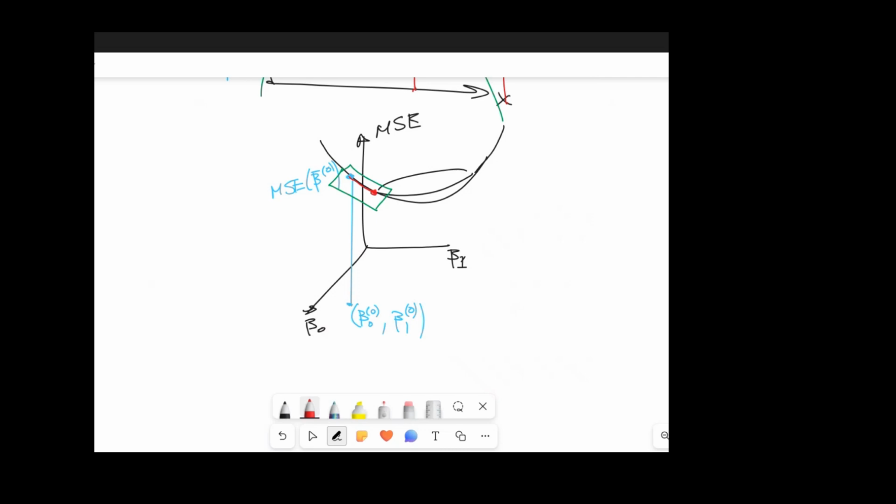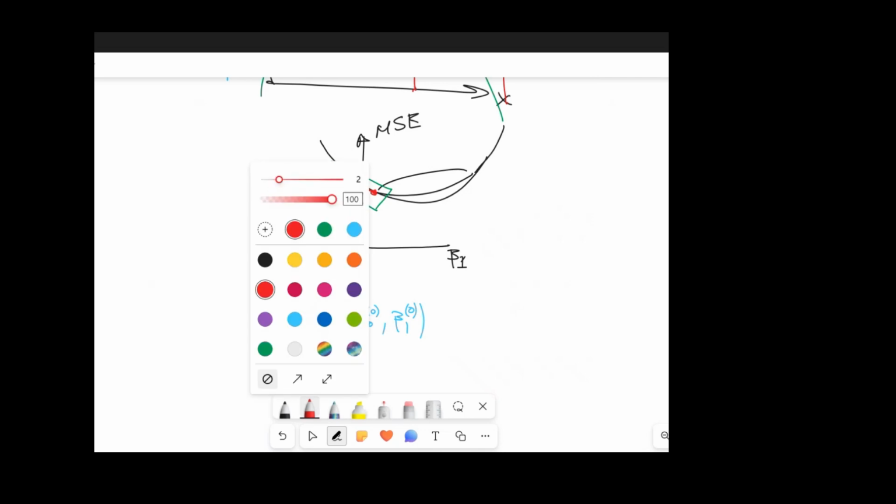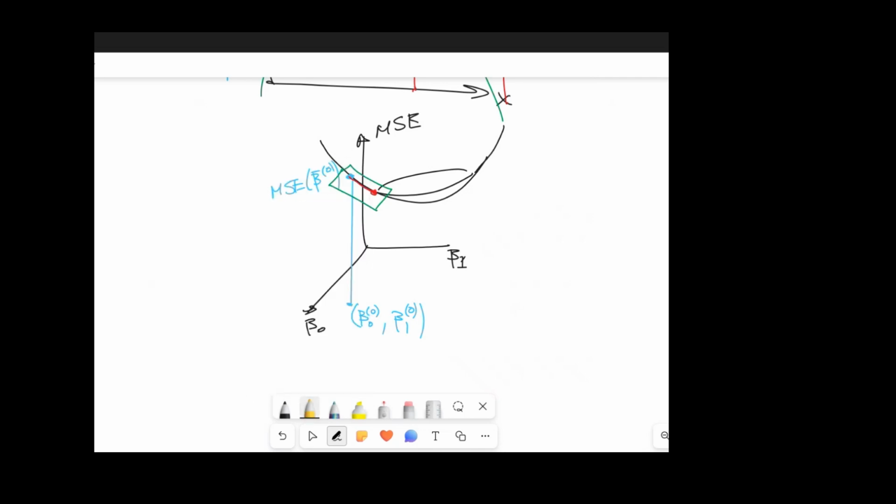Okay, so if you have to define a plane, what do you need? You need a point that the plane goes through. That point I know, this one. And you need the normal to the plane. So you need this vector, and that is the gradient.